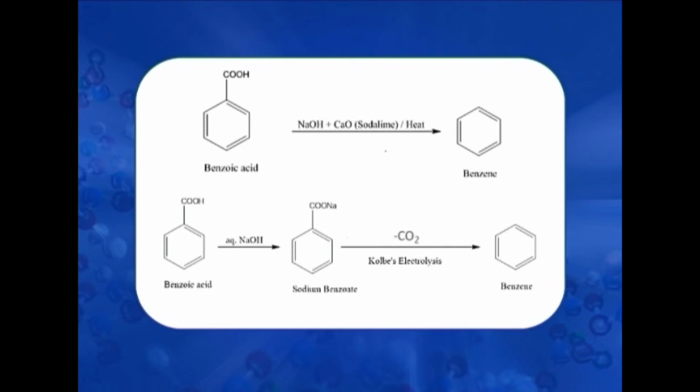So, here you see when we heat benzoic acid with soda lime, then benzoic acid is converted into benzene. Similarly, when the sodium salt of benzoic acid, sodium benzoate, is subjected to electrolysis, then that also loses carbon dioxide and gets converted into benzene. So, we can prepare benzene from benzoic acid by heating with soda lime and by electrolysis.